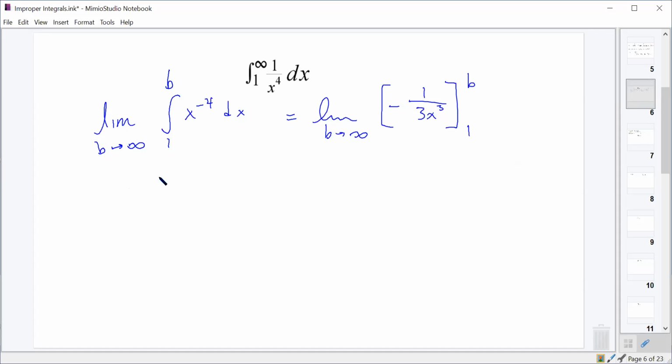And so then we'll just plug in b and plug in 1 using the second part of the fundamental theorem of calculus, keeping our limit there for now. Limit as b approaches infinity of negative 1 over 3b cubed minus negative 1 over 3. The 1 cubed being 1, right? Everybody good with that?